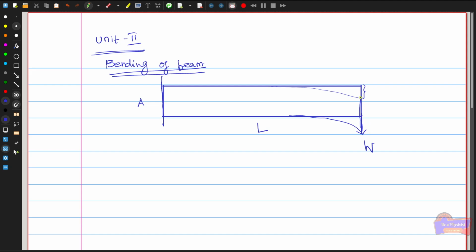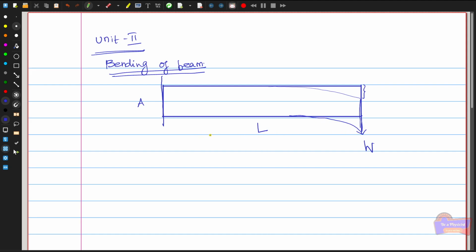The upper surface of the beam gets stretched, and at the same time the lower side will be compressed. We can assume that the stretched part has a convex form, while the lower surface, which is compressed, has a concave form.